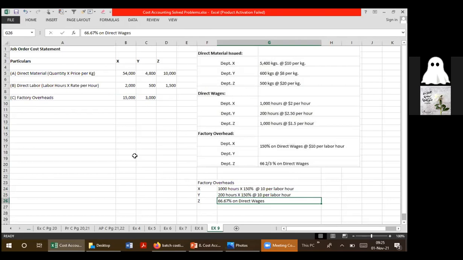And this one says 66.67% on direct wages, so it will be 66.67% of 1,500, which is 1,000.